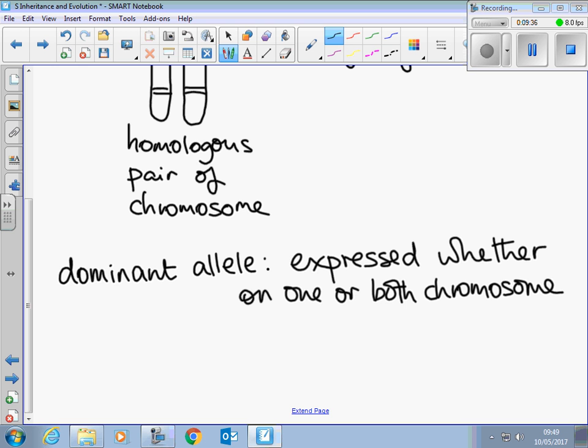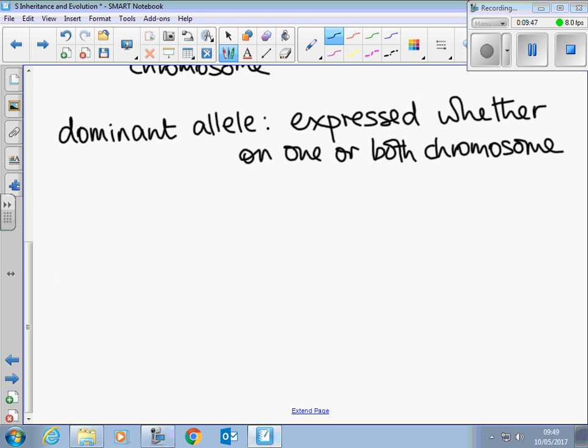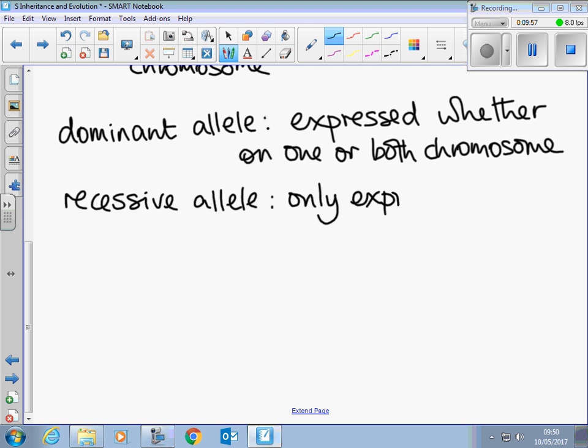So that gives us a way of defining the recessive one, because that will only be expressed if you've got 2 copies, on both chromosomes. Good. So this one is only expressed when it's on both.